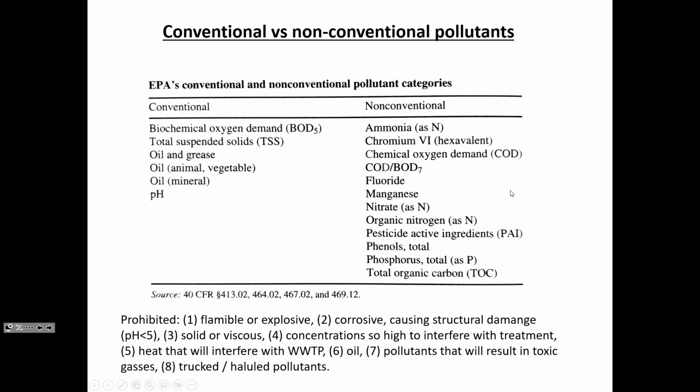The EPA breaks the wastewater categories into what they call conventional and non-conventional pollutants. And conventional can be removed through just the typical primary and secondary wastewater treatment, where the primary is usually a settling clarifier.